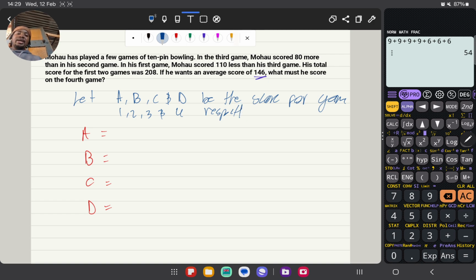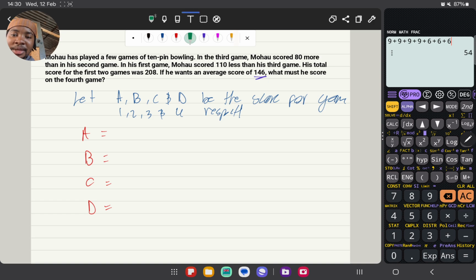Yeah, right. You write this down, because sometimes it's not gonna be clear what you mean by A, B, C, D. Even though it's kind of obvious, better safe than sorry.